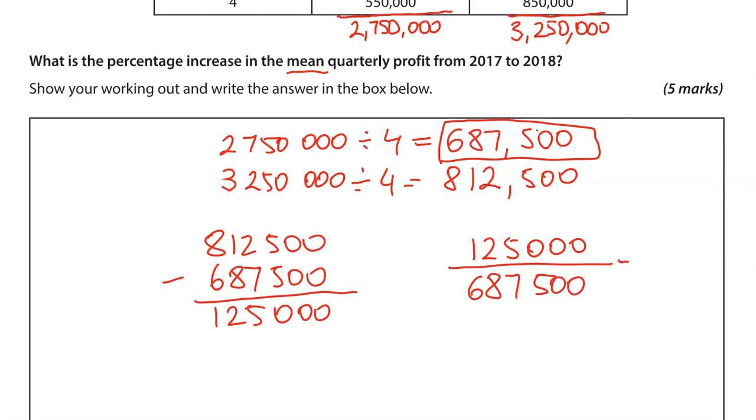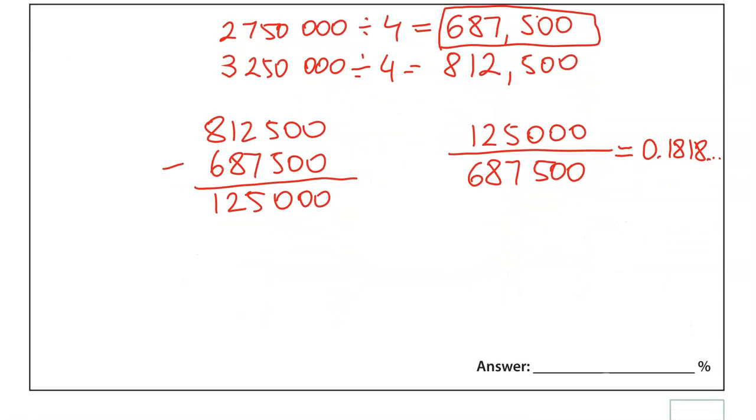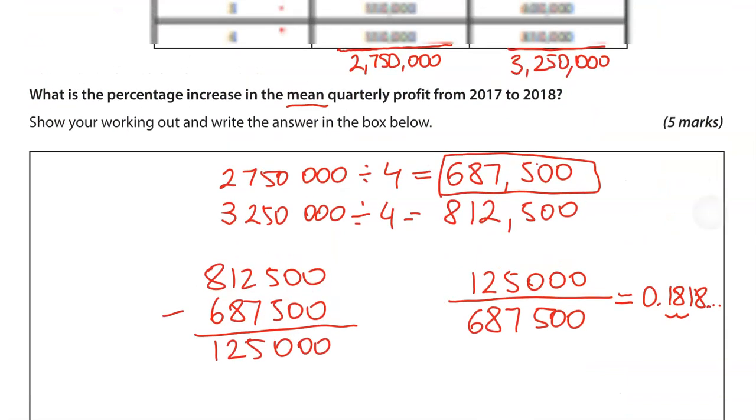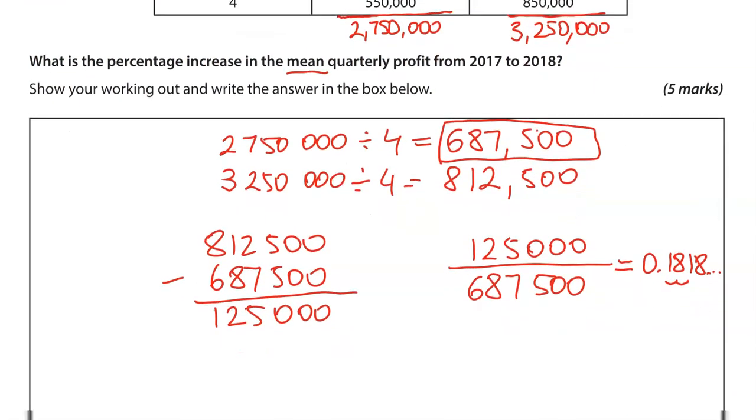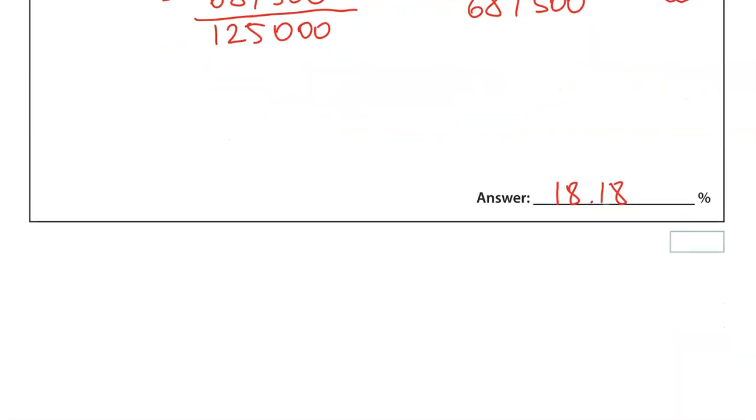So 125,000 divided by 687,500 gives us 0.1818 and so on. So as a percentage, which is like multiplying by 100, the decimal that we've got is about 18.18%. Or you could just say 18%, because we're not given what degree to round to in the question.